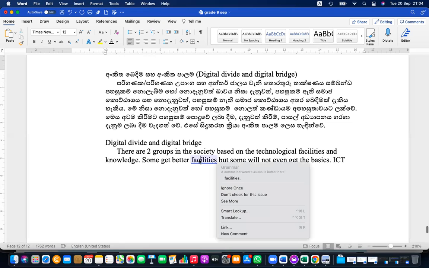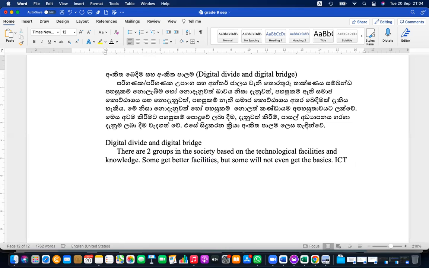ICT knowledge distribution is also similar to this. Some have better knowledge, but some have poor knowledge.